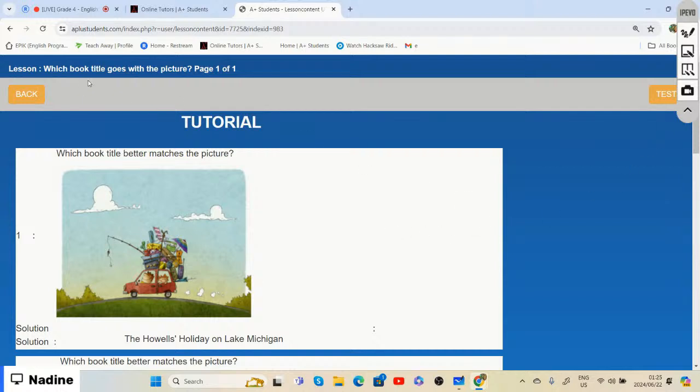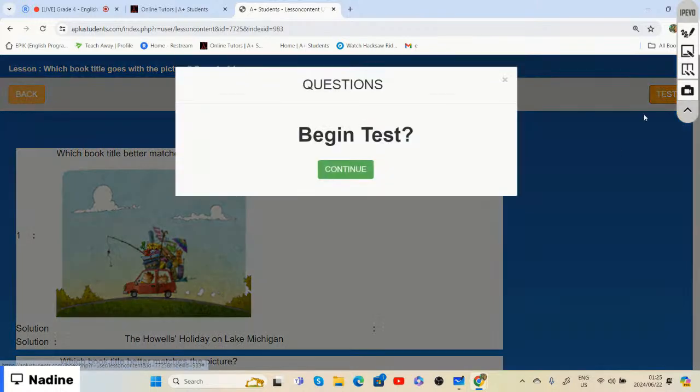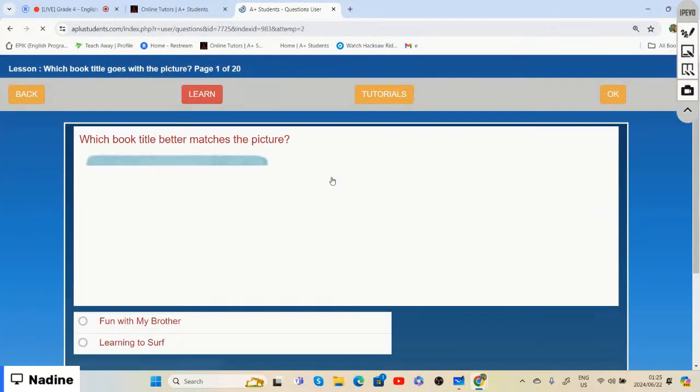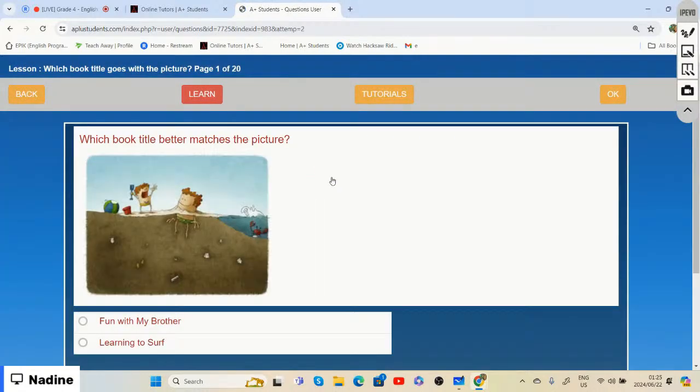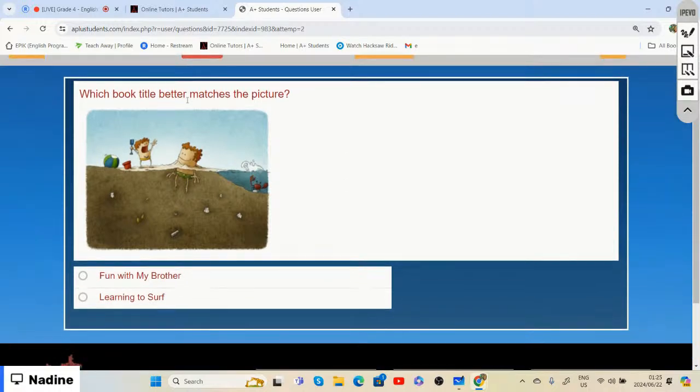All right, so now we're going to our test. We need to say which book title better matches this picture. So look at the picture, right?